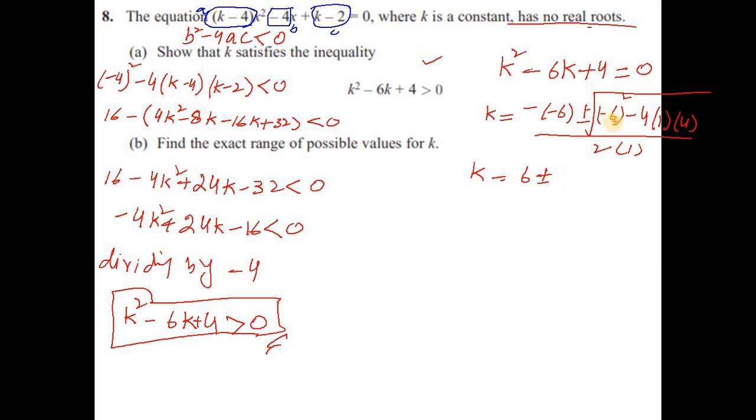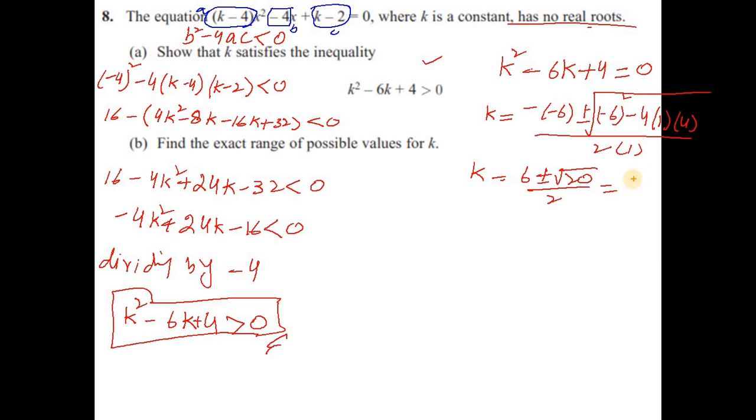So k is 6 plus minus the square root of 36 minus 16, and of course 20, upon 2. And then you can simplify this after taking 4 common.